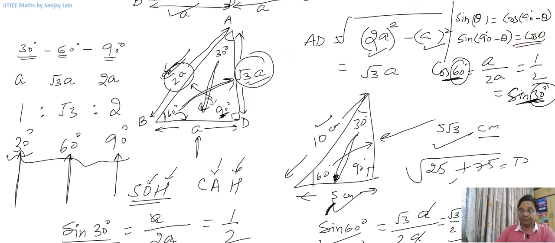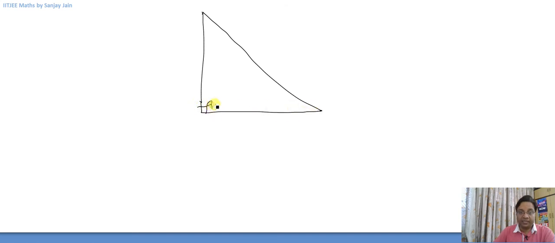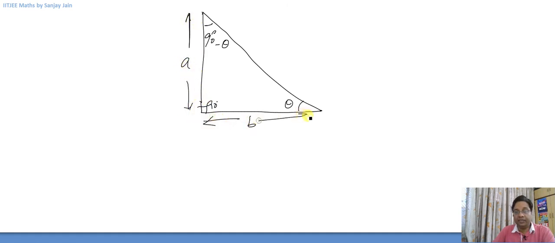Otherwise also, if I take another triangle, let us say, where I write the angles like this. If this is 90 degrees and this is theta, what will be this angle? In terms of theta, it will be 90 minus theta, right? So if I take this length as A, this length as B, this length let us say as H, what will be sine theta?